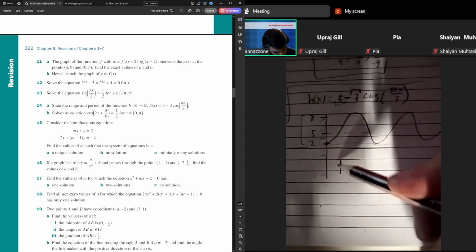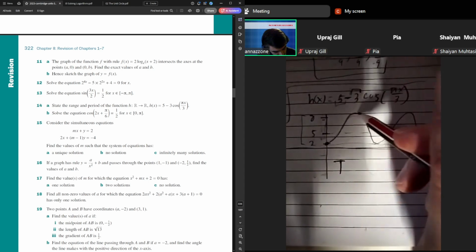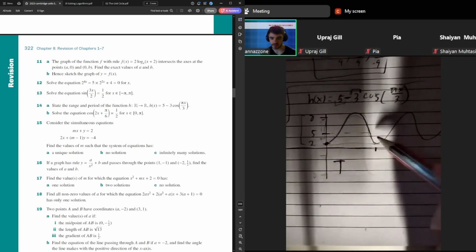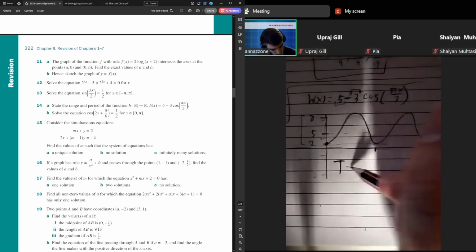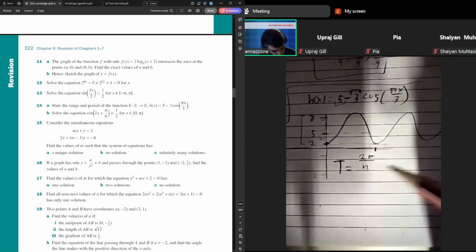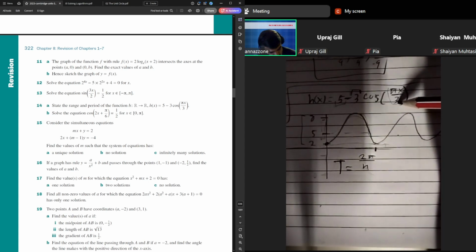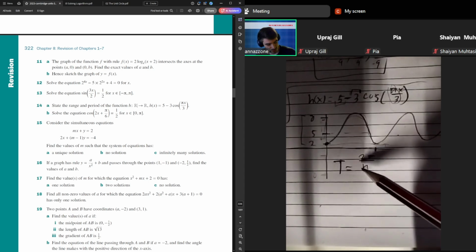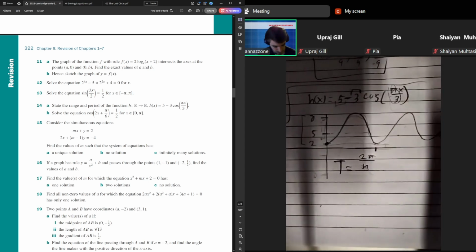The period of any circular function is just how long it takes for that circular function to complete one full cycle in the x domain. It is always calculated by 2 pi divided by n, where n is the coefficient on the x. So everything that's multiplying or dividing the x. In this case, your n is going to be pi over 3.